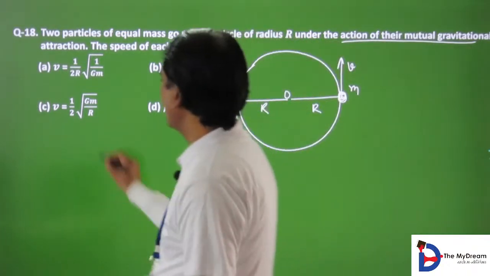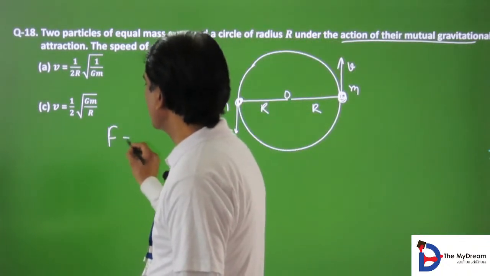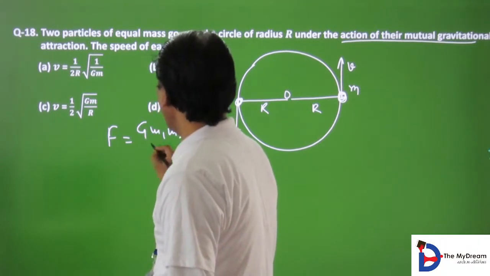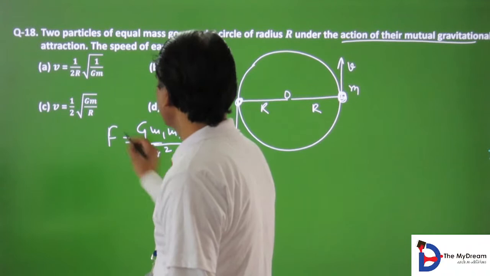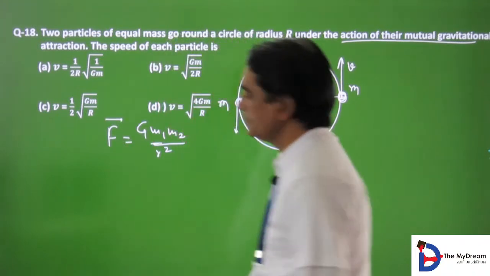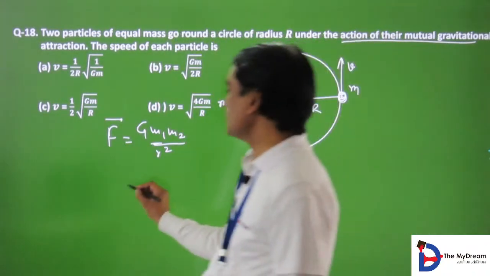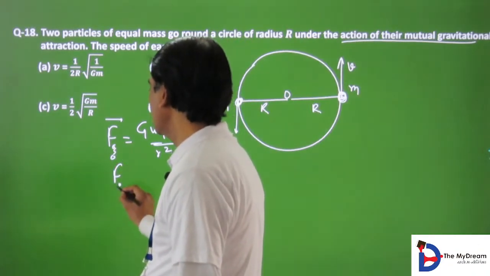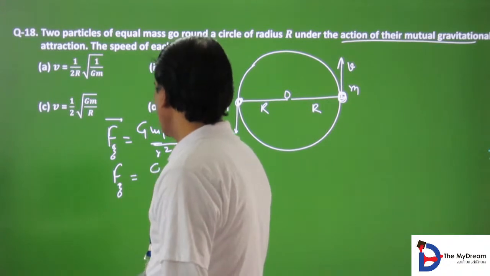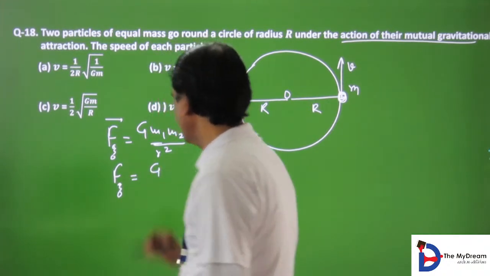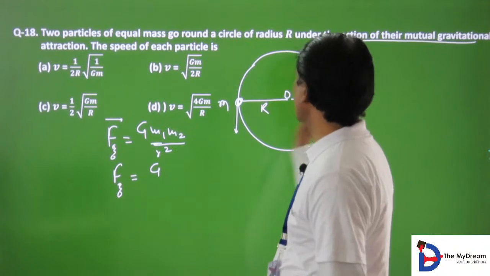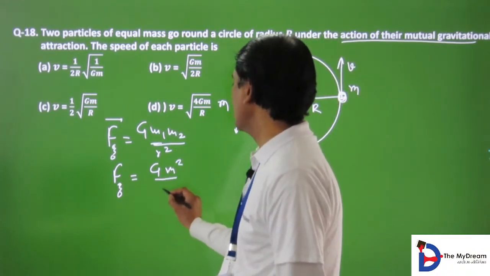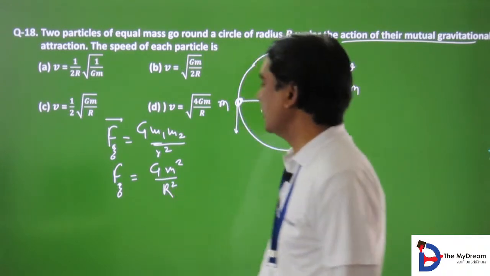So first of all, we are talking about the gravitational force, that is G m1 m2 upon r square. Here the gravitational force is given by small m into small m, so it will become m square. R is the radius.